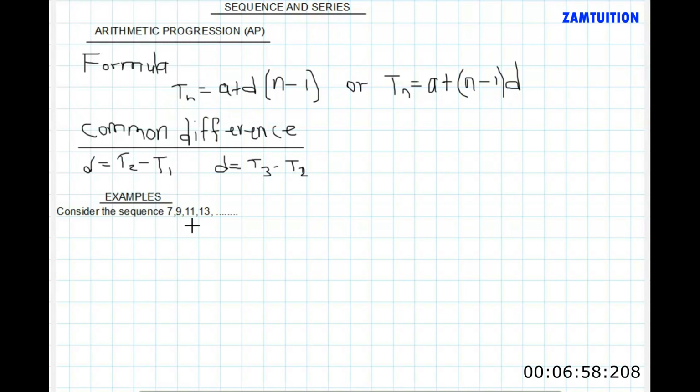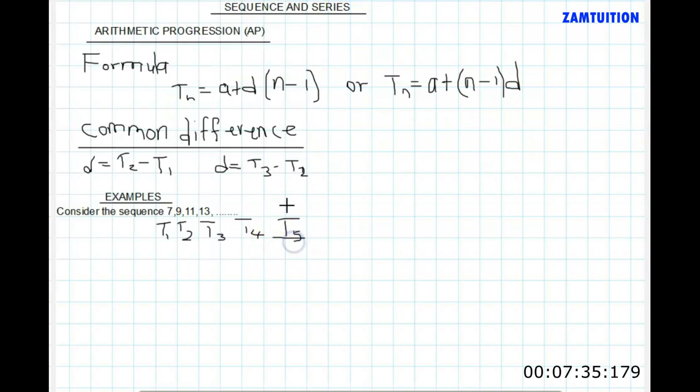So we want to find now what can be the next term in this sequence. The first term, 7, we can simply say this is T1, and then 9 is T2, 11 is T3, 13 is T4, and then the next one will be our T5.